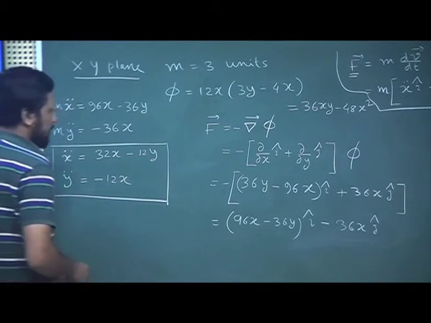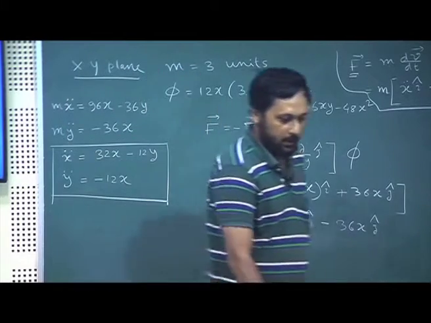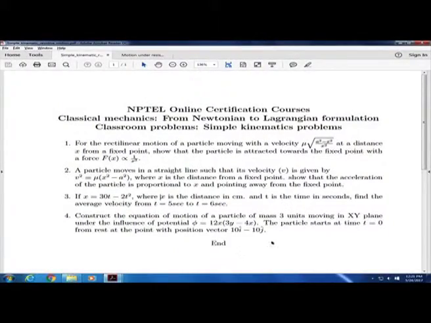But this is not complete as of yet, because if you recall, there are few other boundary conditions given. Look at the last line: the particle starts at time t equal to 0 from rest at the point with position vector 10 I minus 10 j.